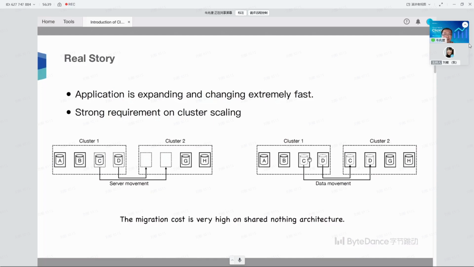Let's take a look at the second case, shown on the right. Instead of moving servers, sometimes we want to migrate some applications to another cluster.